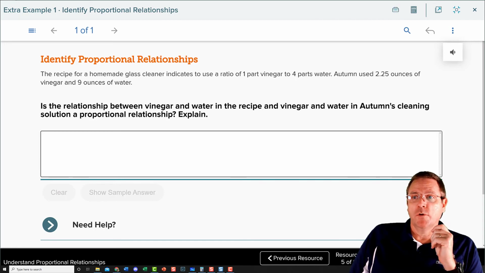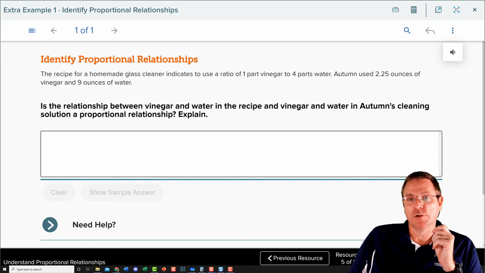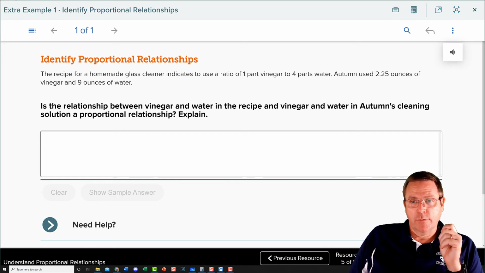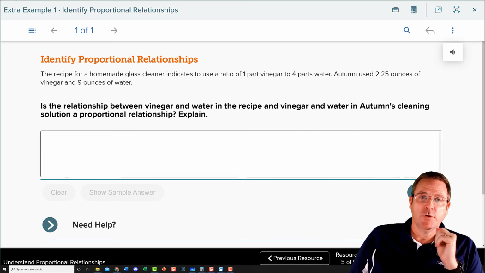Autumn uses 2.25 ounces of vinegar and 9 ounces of water. Is the relationship for vinegar to water going to be the same as the recipe for the cleaning solution? Is it going to be a proportional relationship? Pause the recording, answer the question, click done, and then you can look at some sample answers.